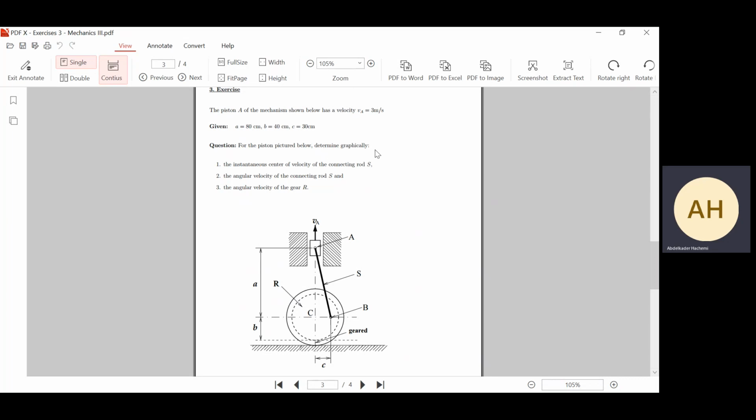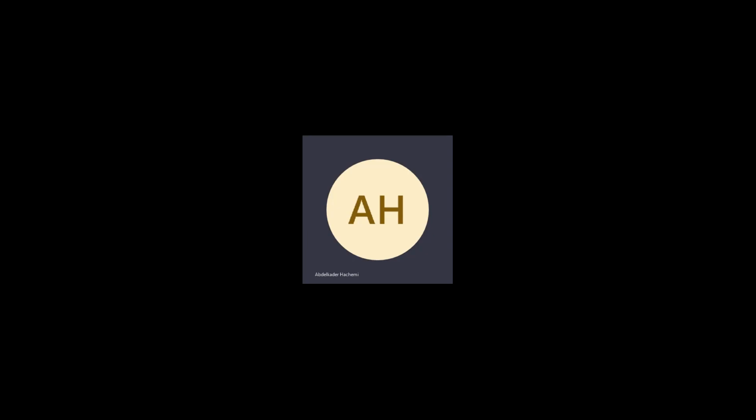It's asked to determine graphically, only graphically, not with calculation, the instantaneous center of velocity of the connecting rod S, the angular velocity of the connecting rod S, and the angular velocity of the gear R. Okay, now going to the solution.